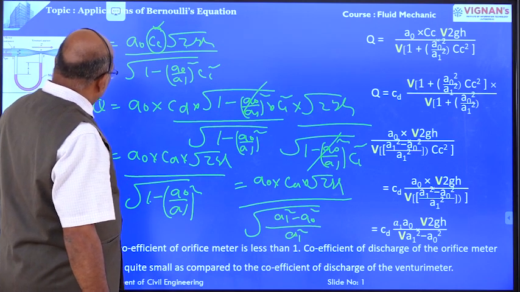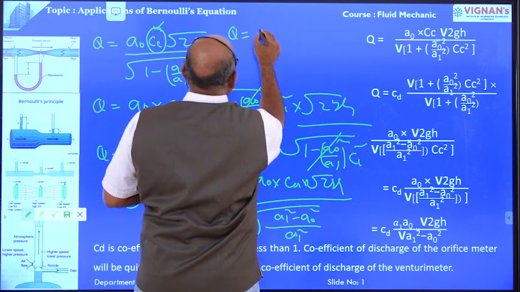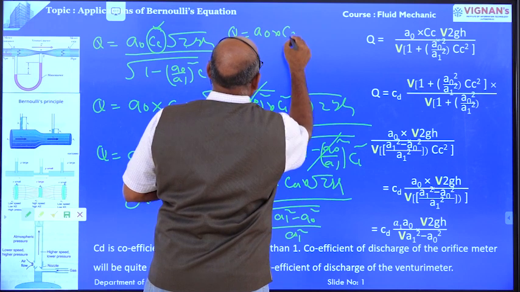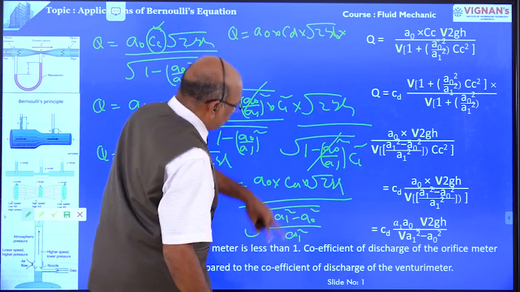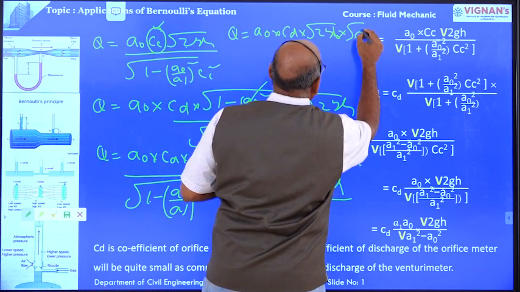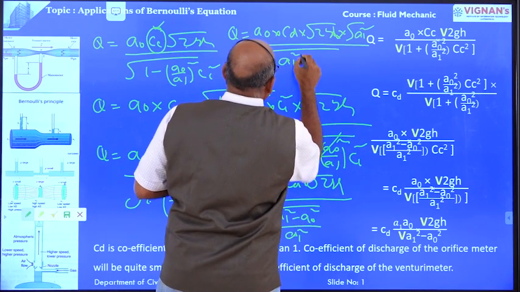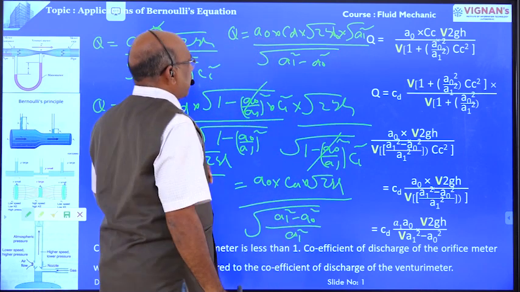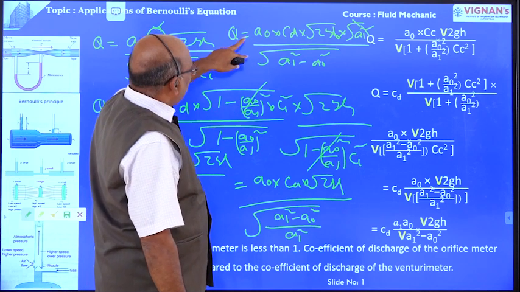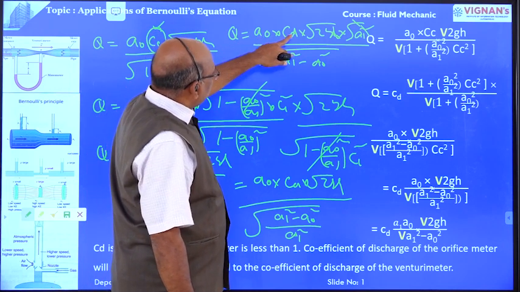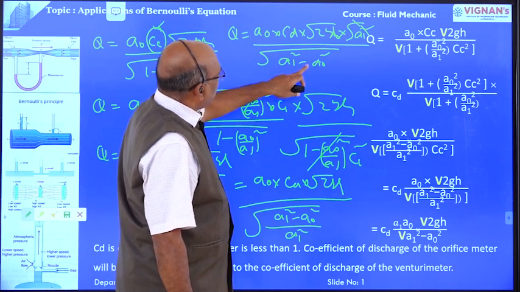Therefore discharge Q is equal to A0 into CD into root 2gh into root A1 square divided by square root of A1 square minus A0 square. Now this cancels. Therefore discharge Q is equal to A0 into CD into root 2gh into A1 divided by square root of A1 square minus A0 square.